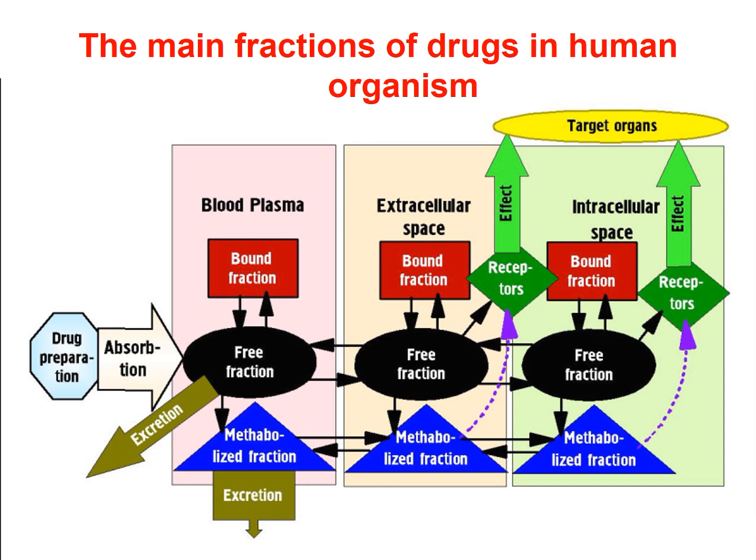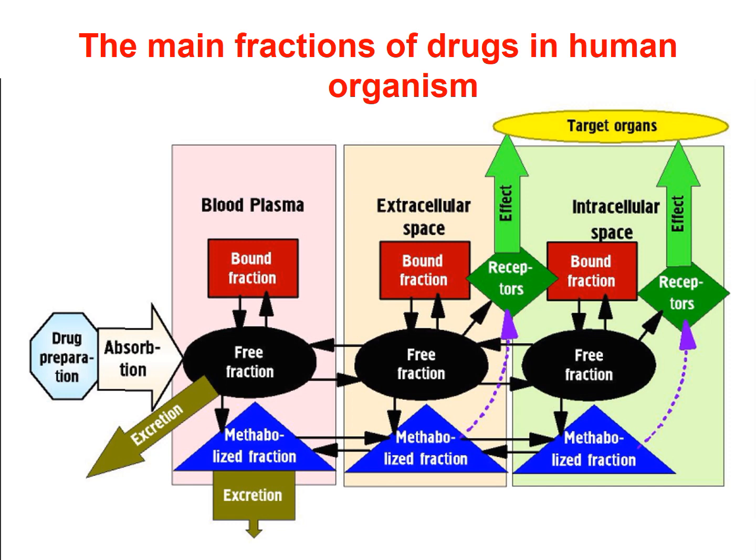The importance of these two fractions is the following. Only the drug molecules from the free fraction can easily move between different compartments of our body. So they can be transferred from the blood plasma into the extracellular space, because those molecules which are bound to the proteins cannot be transported out of the blood vessel, for example. They always stay inside of the vessel.